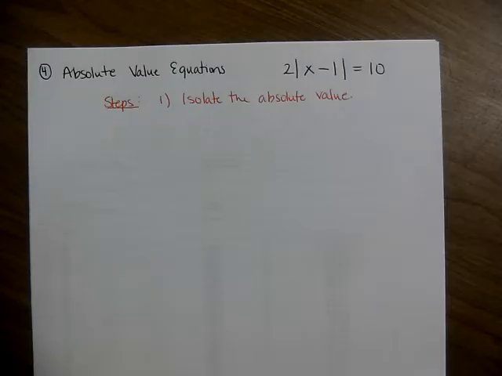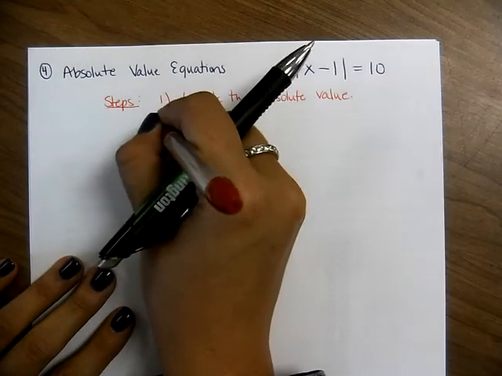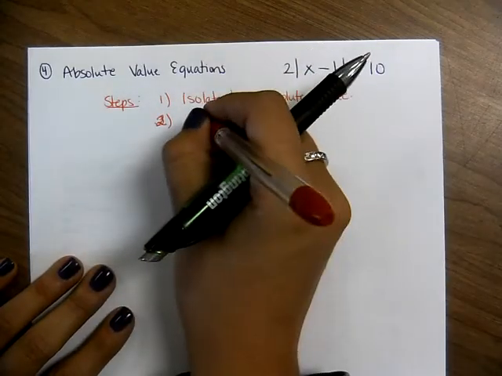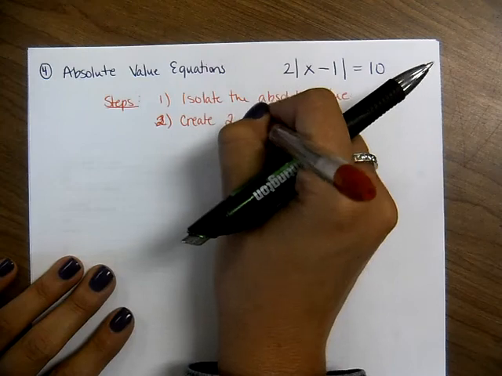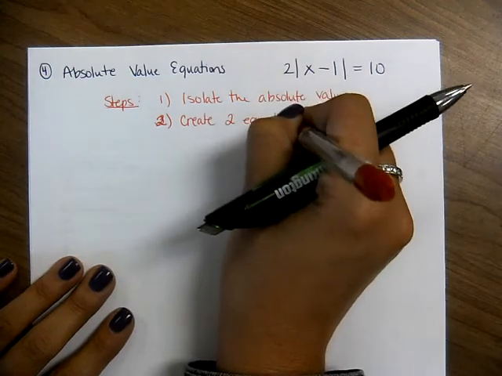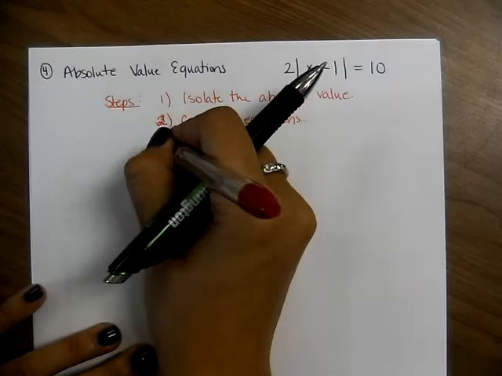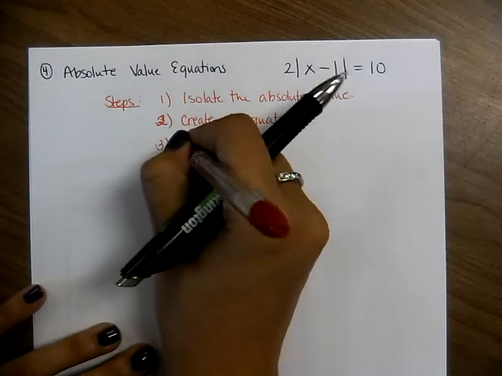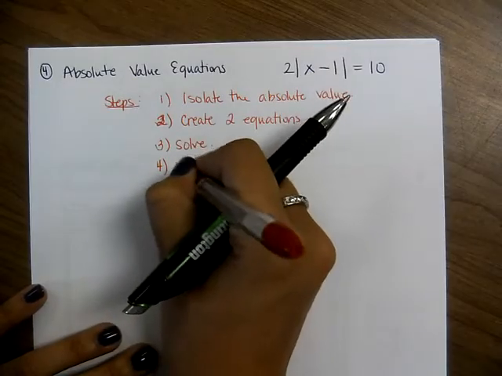You have to get it by itself before you can start to solve. Step 2, you're going to create two equations from the absolute value. Step 3, you're going to solve, and then for absolute value you always have to check.